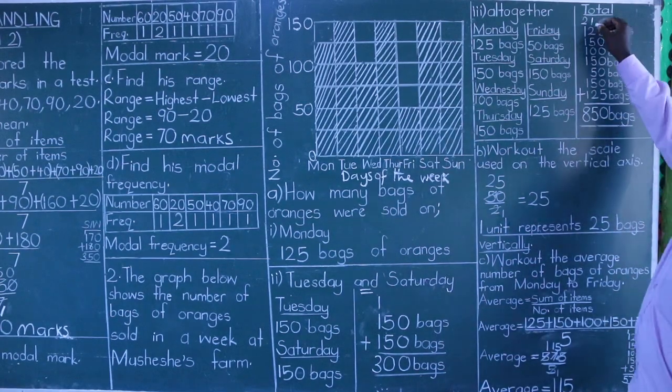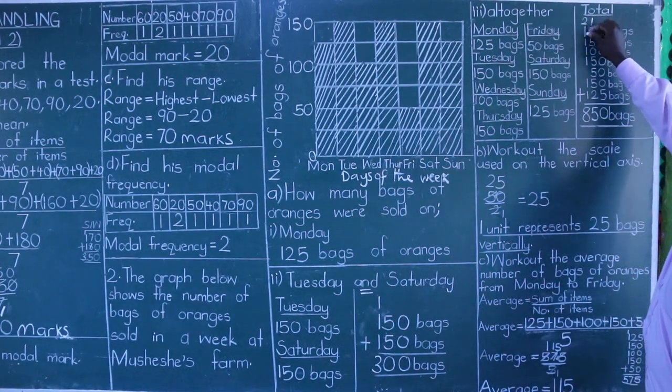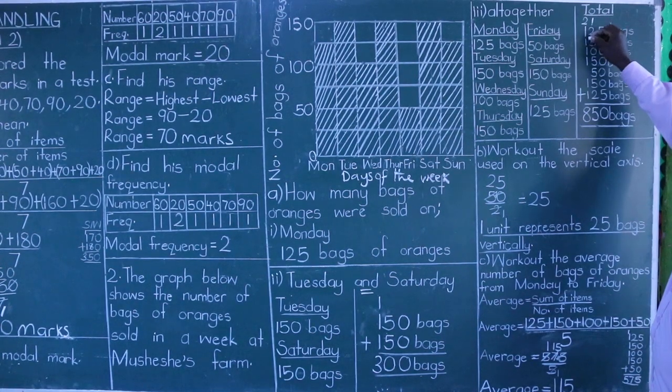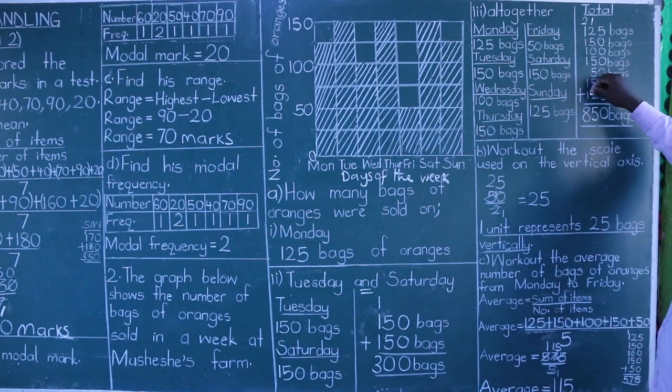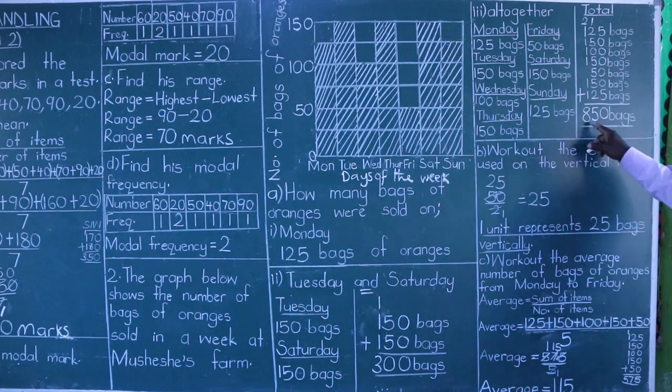Write 5, regroup 2. 2 plus 1 is 3. Plus 1, you get a 4. A 4 plus 1, get a 5. 5 plus 1, get a 6. 6 plus 1, get a 7. 7 plus 1, get an 8.